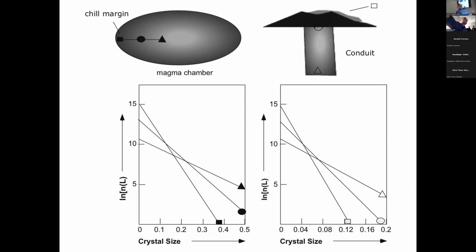And then if you go to a large undercooling, so here we are linking this slope with undercooling basically, the same you can do in the conduit. So before the decompression, during the decompression, and during the emplacement, where cooling also will affect the crystallization, you will move from less crystals, slightly bigger, to a lot of crystals, tiny, and so therefore the residence time will change according also to the undercooling.